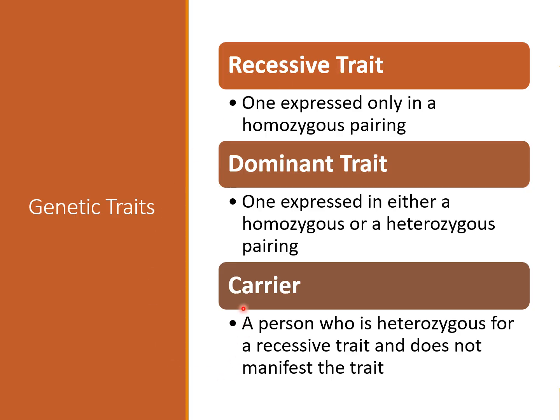And the final thing to understand is this carrier piece. So for some people, those who are heterozygous for a trait, meaning they have one dominant, one recessive, if a person is heterozygous for a recessive trait, they will not manifest that trait, but they will carry it. So in the case of my dimple parents, right, they were both carriers for no dimples.